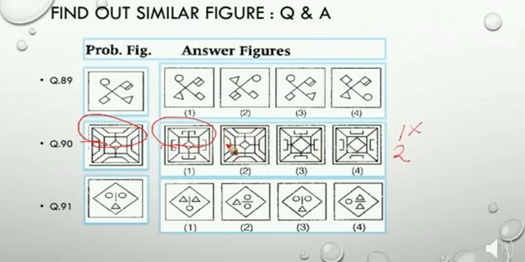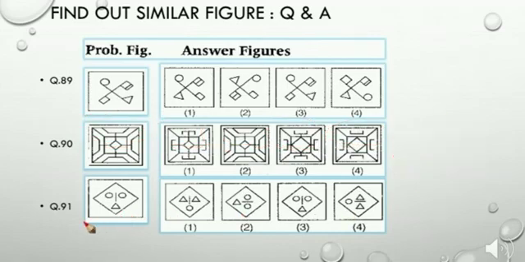In option 2, let's check for this area. This is fine, this is the same, this looks like the correct answer. Just check the third option as well. The third option is totally different, not the same. Fourth option, let's check, is also totally different because this portion is not the same. So option 2 is the correct answer.